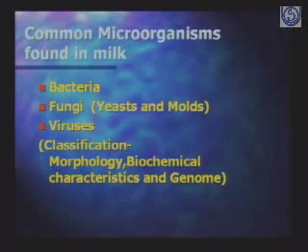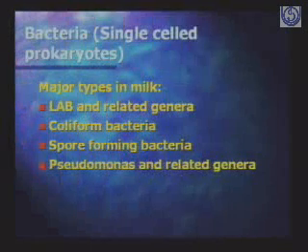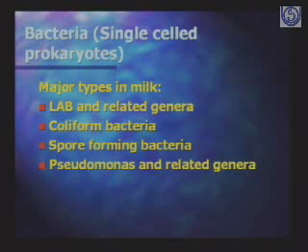The common microorganisms which are found in milk are bacteria, fungi, and viruses. Fungi consist of yeast and molds. All these microorganisms have been classified based on their morphology, biochemical characteristics and their genomic characteristics. We start with the bacteria.